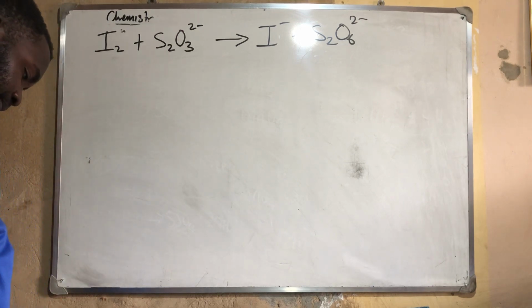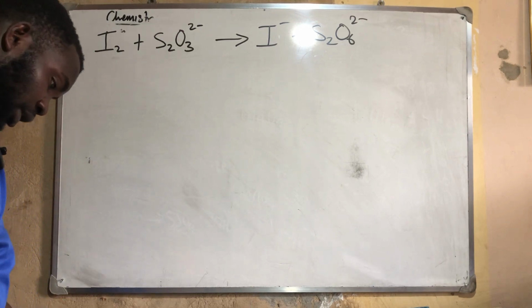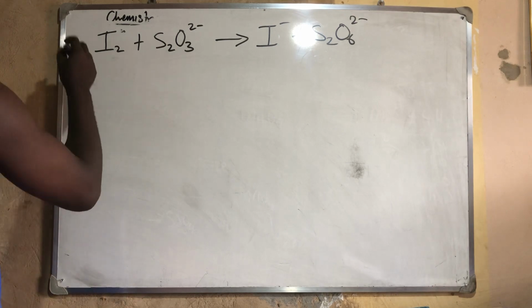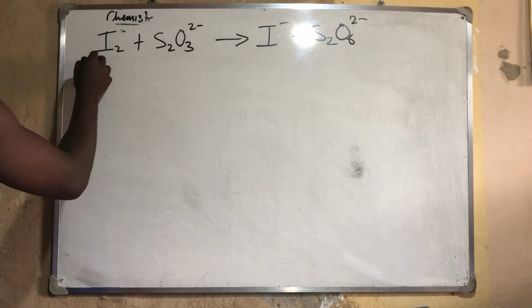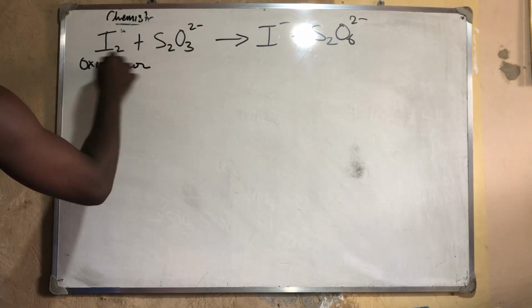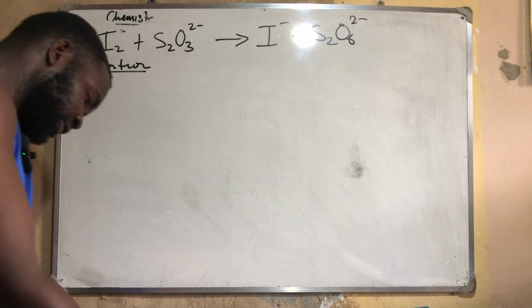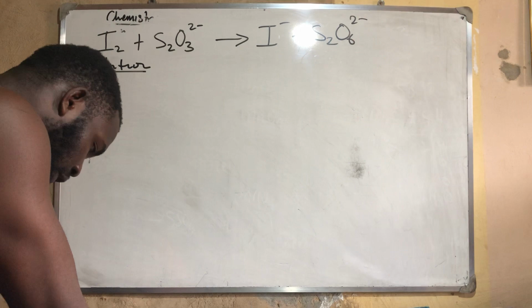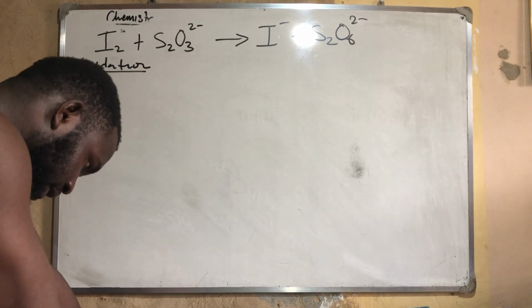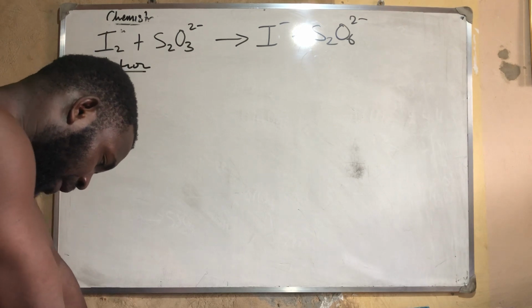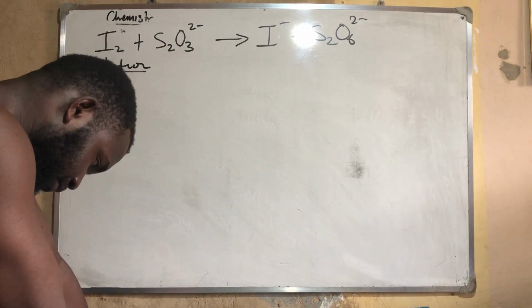Now, in summary, the summary of the definition of oxidation. Number one, oxidation means gain of oxygen. Number two, loss of hydrogen. Number three, gain of non-metal. Number four, loss of metal. Number five, loss of electron.